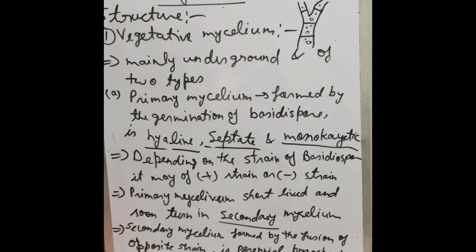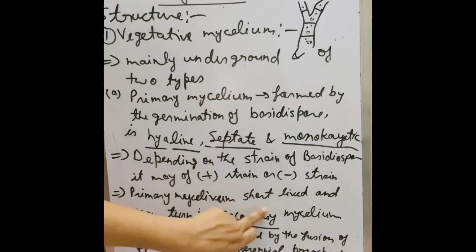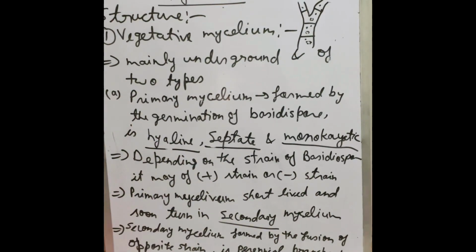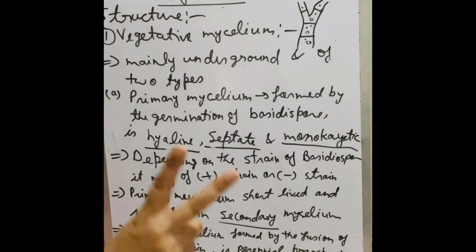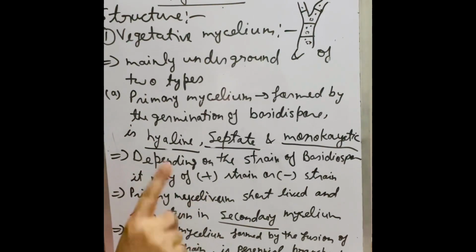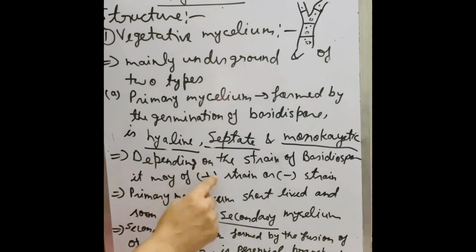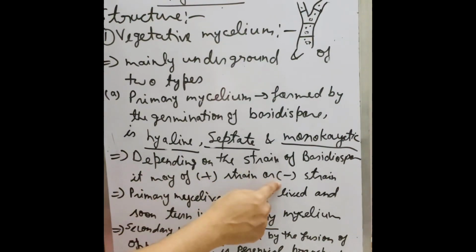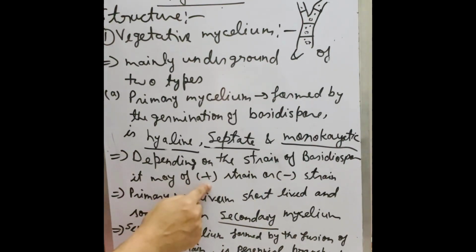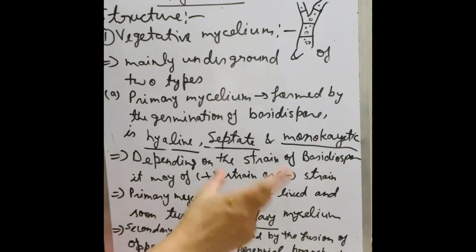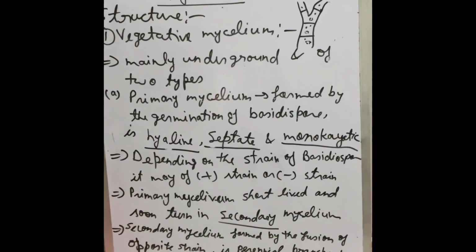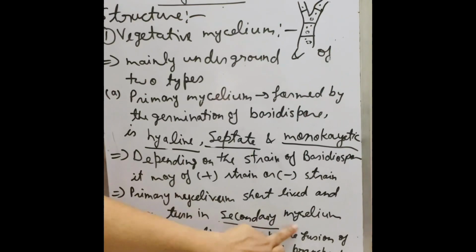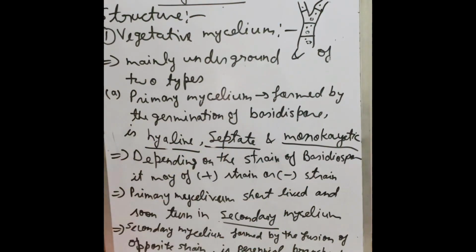Next, primary mycelium is short-lived and soon turns into secondary mycelium. It means when two mycelium strains, one positive and the other negative, fuse together, they form the secondary mycelium, which is further called rhizomorph.